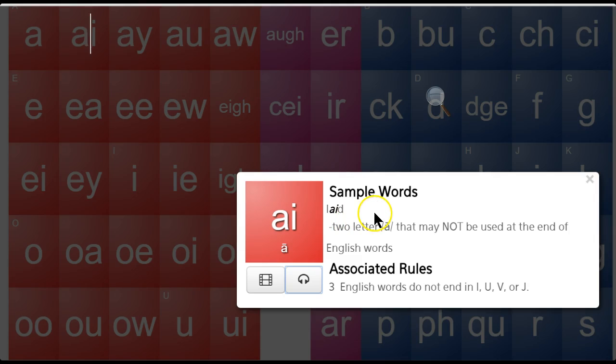If you knew that before, you wouldn't have to remember how the word sounds, because you could sound it out, because you know AI is A and the D is D. Aid.